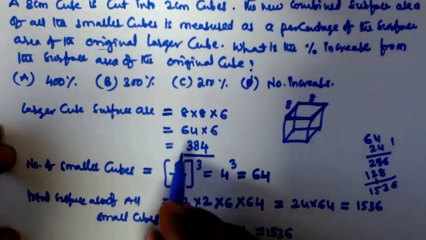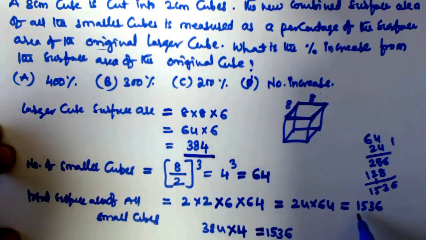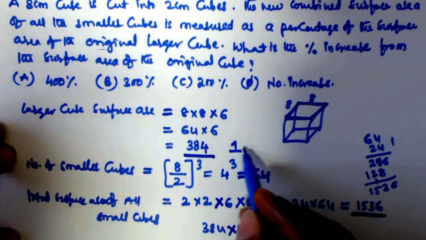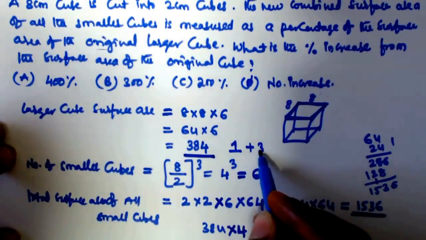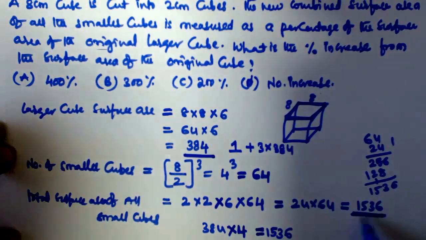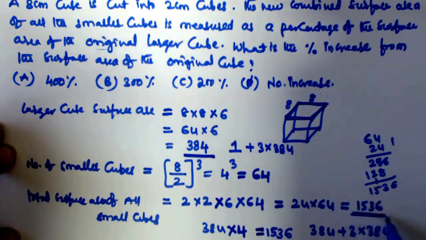So for example, the larger surface area is 384 and it is increased to 1536. So it is actually 4 times this one. So this is 1 time, so to add 3 times of 384 we get 1536, right? So 384 plus 3 into 384 will get 1536.